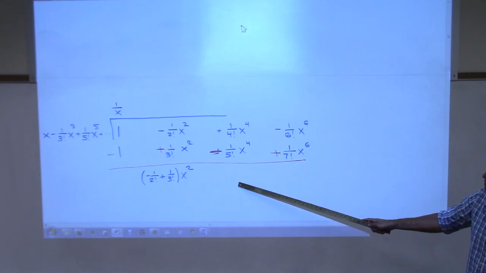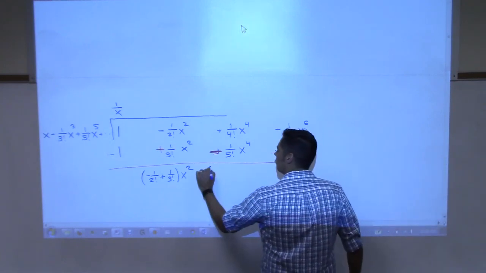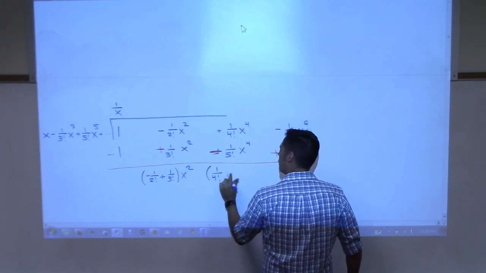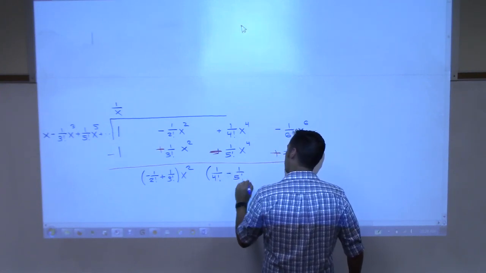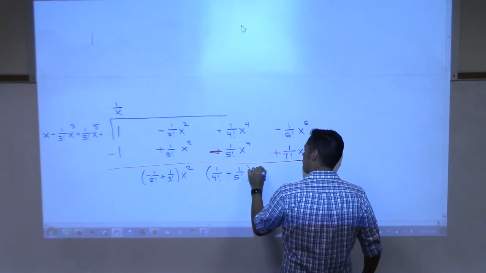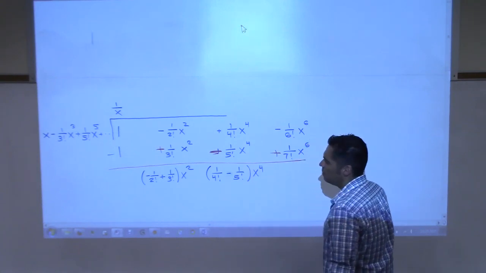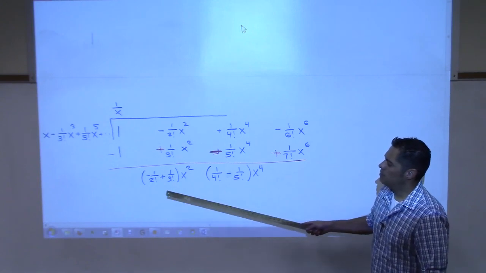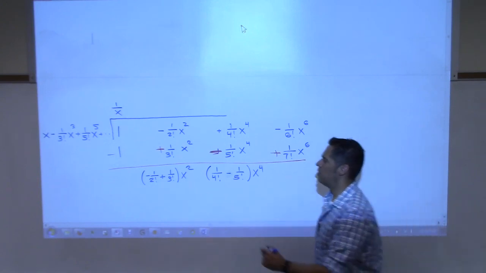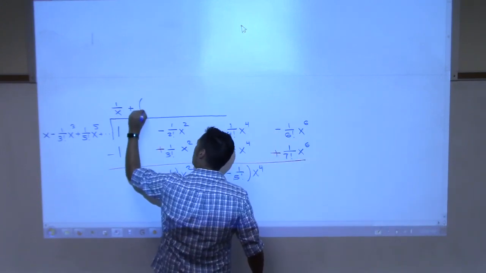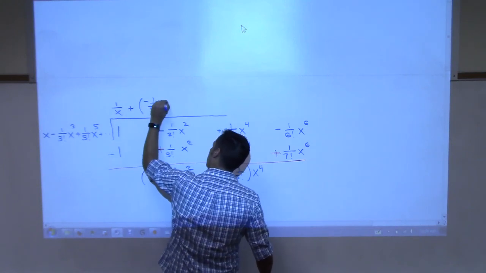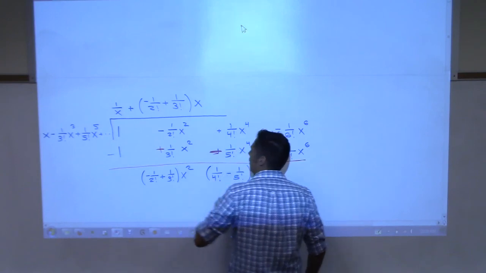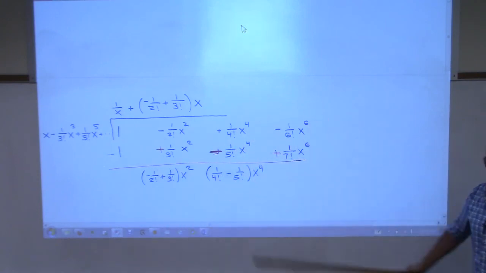What's my next one? 1/4 factorial minus 1/5 factorial x to the 4th, and then I can keep going. So what do you multiply x by to get this? Well, this times x, right? So we have negative 1/2 factorial plus 1/3 factorial x, and then I start multiplying again through.